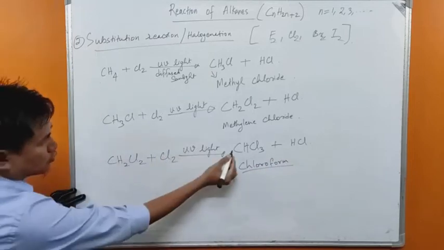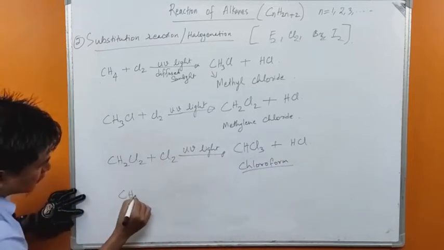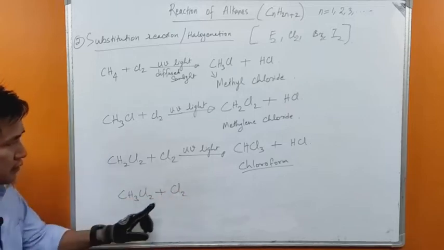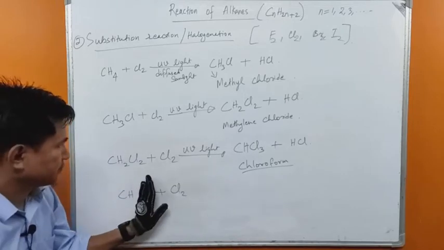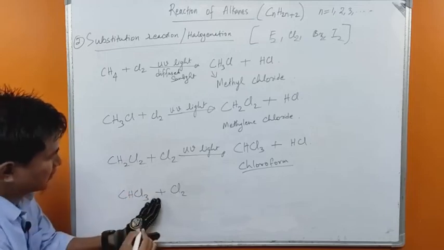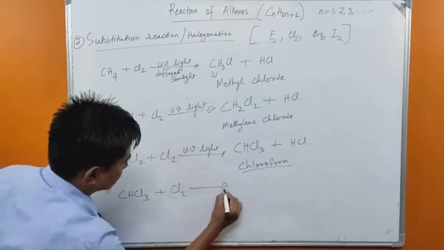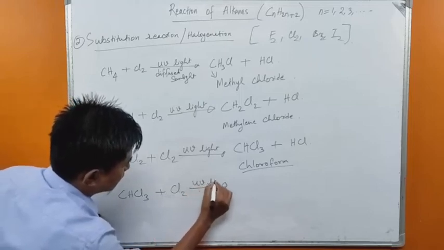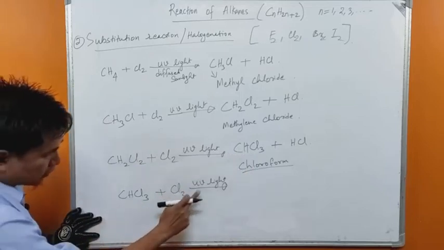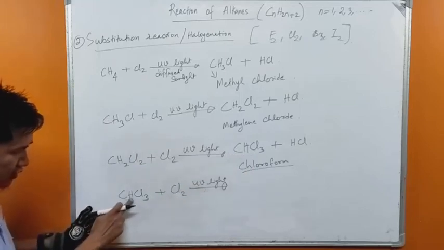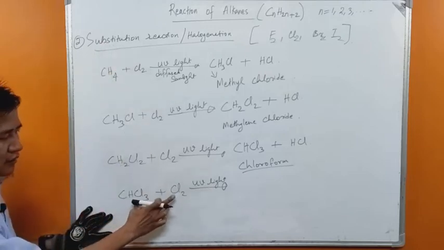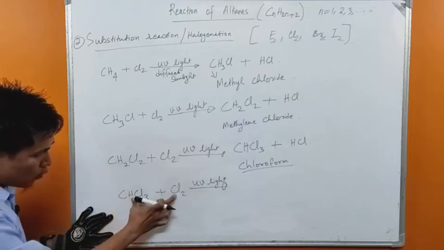CHCl3. Now this chloroform will further react with Cl2 gas. CHCl3 plus Cl2, UV light. Now this one atom of hydrogen is still remaining here, and will be replaced or substituted, substitution reaction or halogenation reaction, isn't it? This hydrogen will be replaced by one chlorine atom.